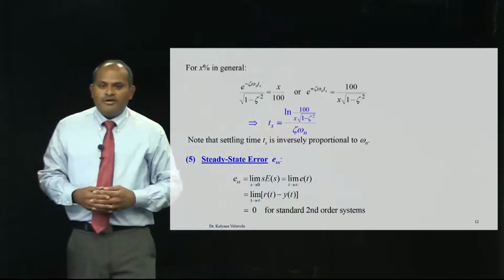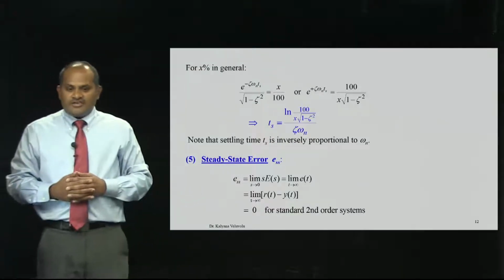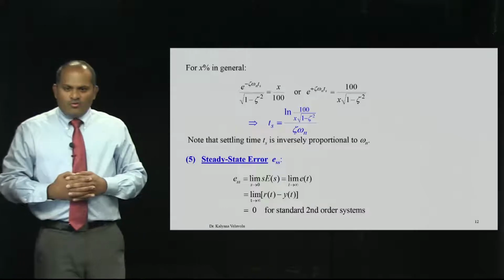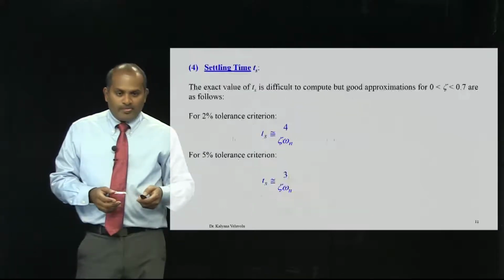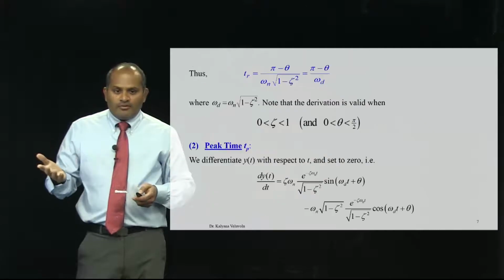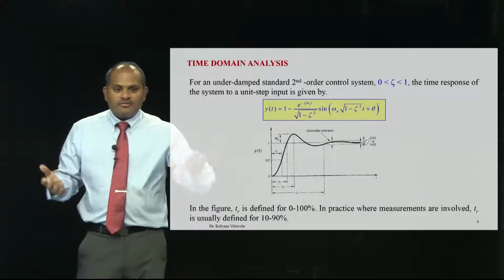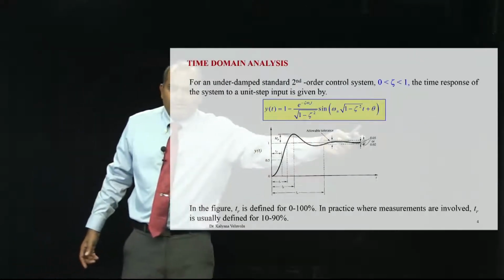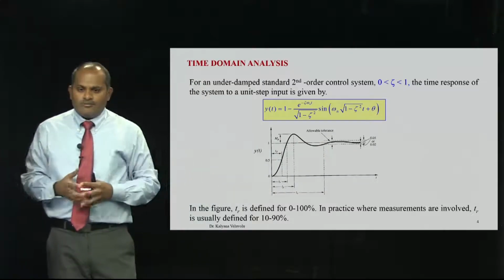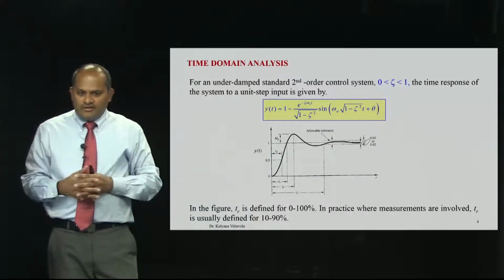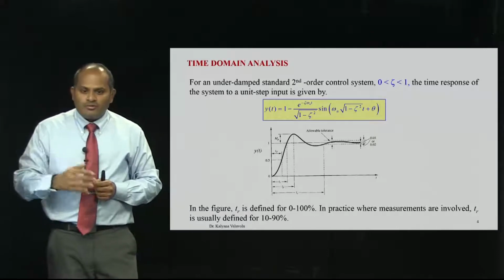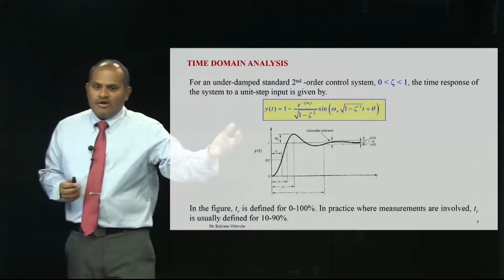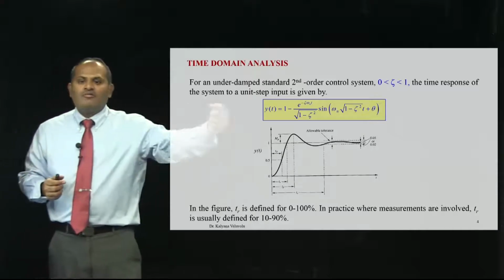The last one we are going to discuss is the steady state error. So what is steady state error? When we apply an input, the system output reaches the input. After a long time, when t tends to infinity, what is the difference between the input and the output? My input value, a unit step, is always 1.